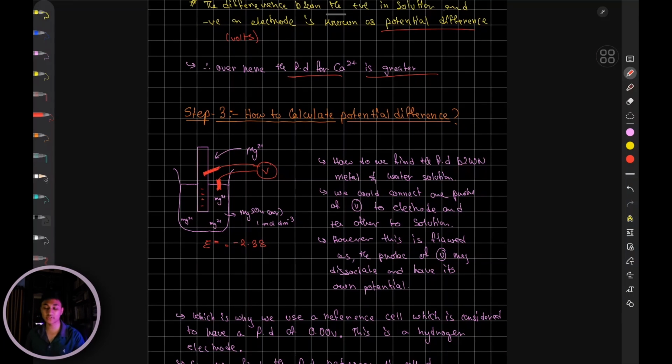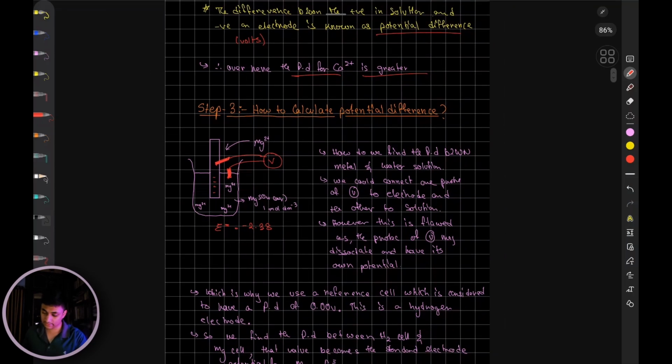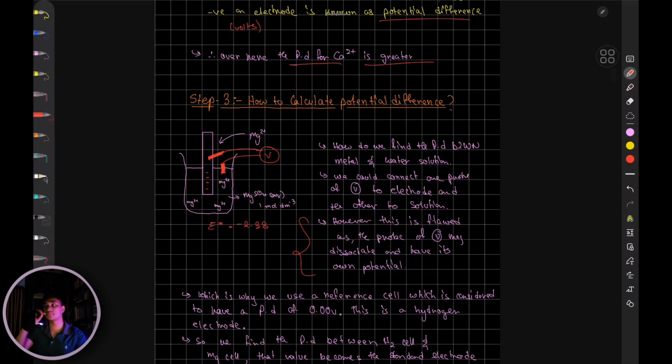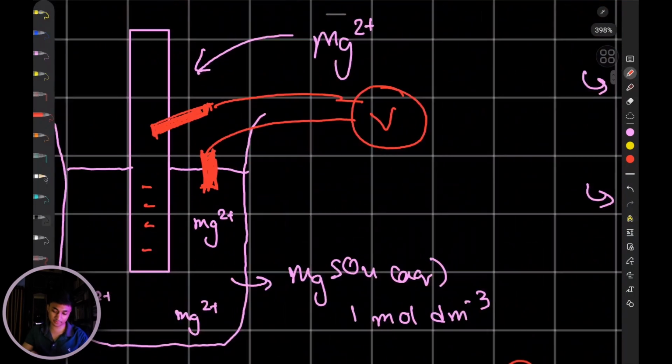Great. So step 3: how do we calculate this electrode potential? You may ask, why not take a voltmeter, put one end on the magnesium electrode, put the other in the solution, and measure the potential difference between both points? Now, this process is actually flawed, because the probe of the voltmeter is also a metal, which is why the moment you submerge it into a solution, it will have its own electrode potential as well.